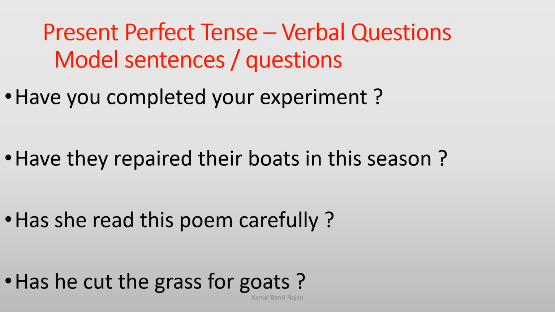Has he cut the grass for goats? Concentrate on sentences. In first two sentences, we have used have, and last two sentences, we have used has. All these questions begin with have and has.